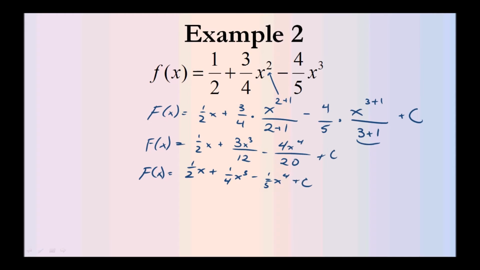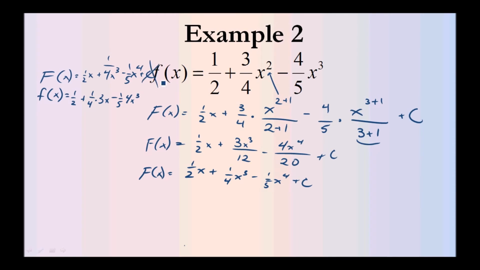In checking our work, we find that when big F of x equals 1/2 x plus 1/4 x cubed minus 1/5 x to the 4th plus c, the derivative, or f of x, is 1/2 plus 1/4 times 3x squared minus 1/5 times 4x cubed.